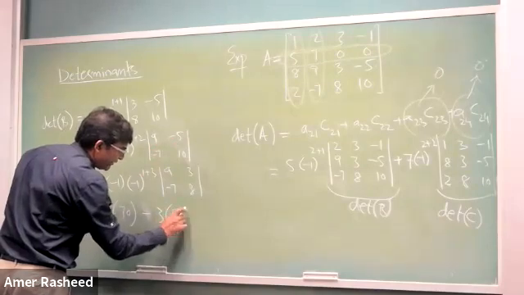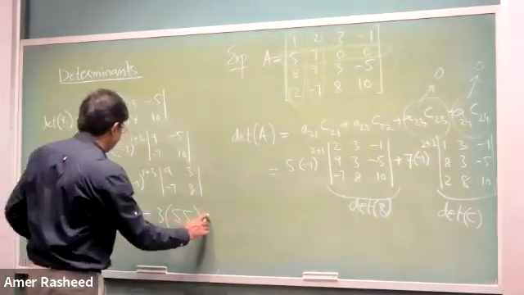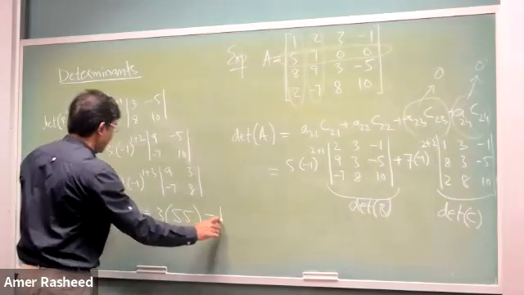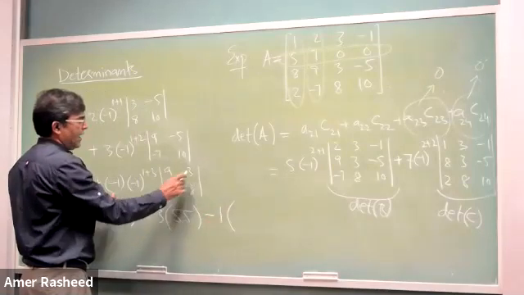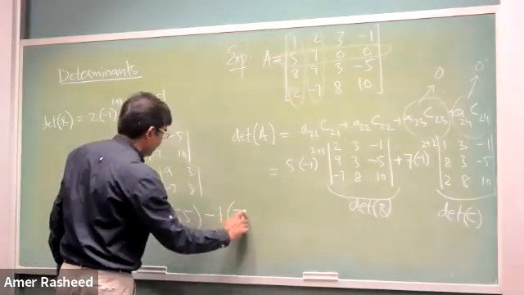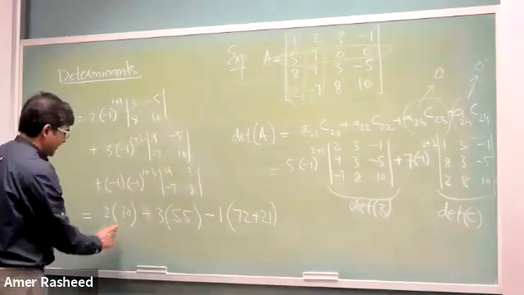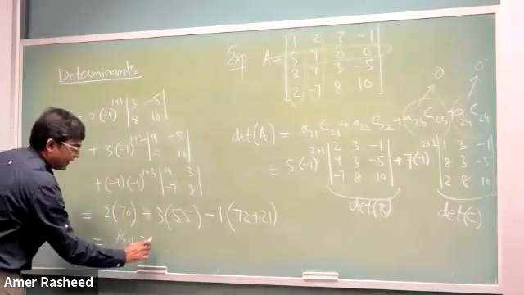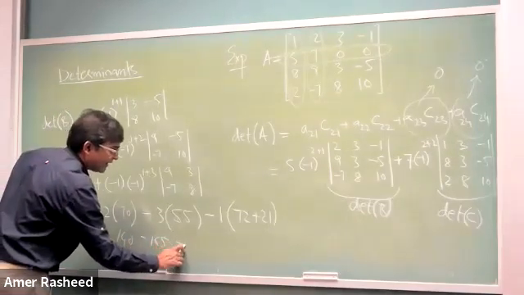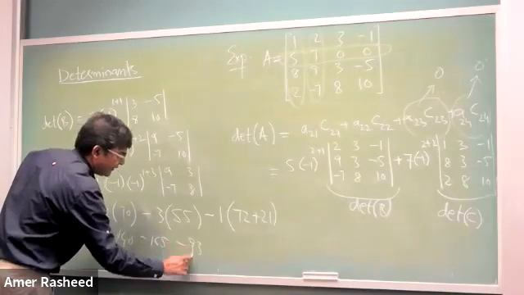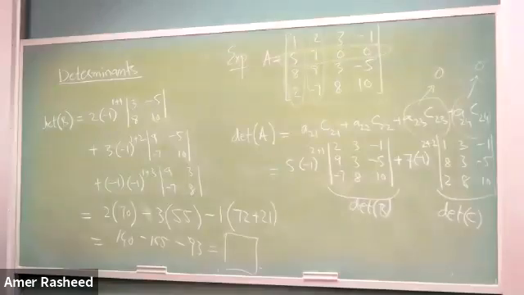No, 55. Okay, 55 plus minus 1, this one, and then here 72 minus 20, 72 plus 21. So you get the determinant as 140, negative 165, negative 3, and 9. So you simplify this and you get the value of this determinant of B.